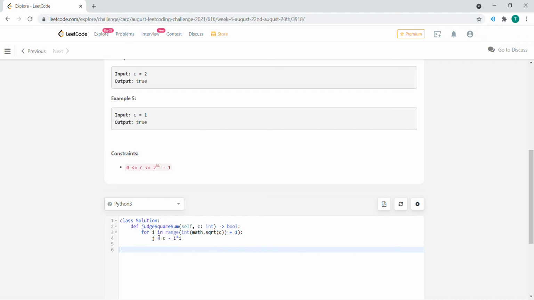We're going to check if the integer of math.sqrt of j, squared, is equal to j. If yes, return true, else return false.